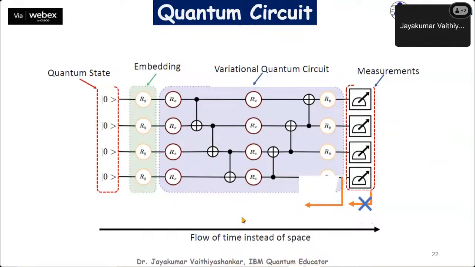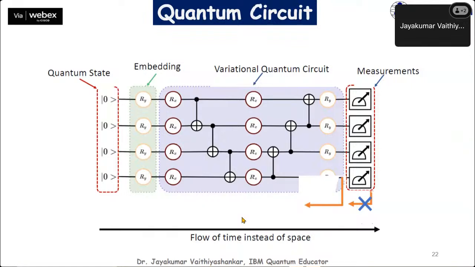But if you apply the Hadamard gate to state 0, it goes to the positive state, and from the positive state, applying Hadamard takes it back to state 0.